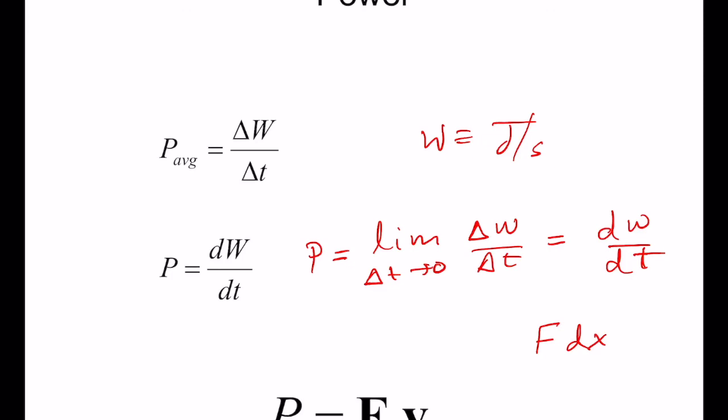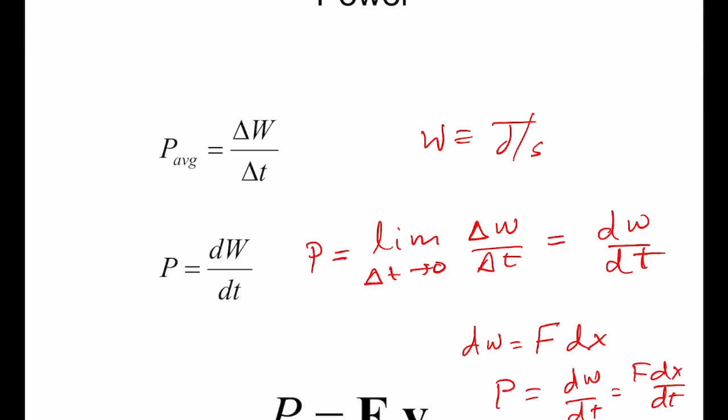Let's call that dW. dW is the tiny amount of work done as the force pushes an object through a distance dx. Suppose this happens over a time interval dt. In that case, the power would be dW divided by dt. So that's F dx divided by dt. What is dx over dt? It's just velocity, right? So that's just F multiplied by velocity.